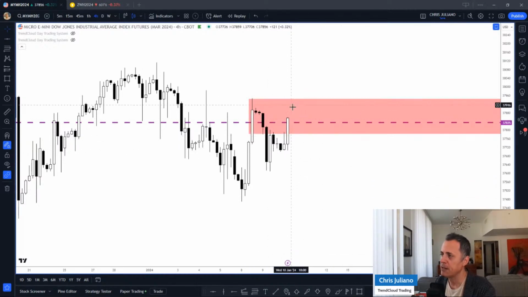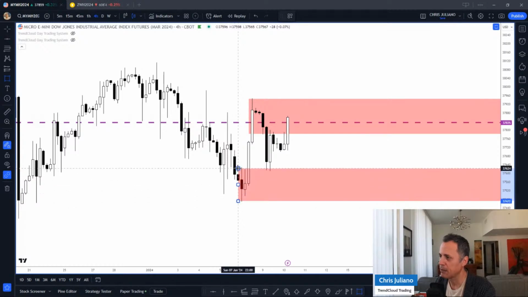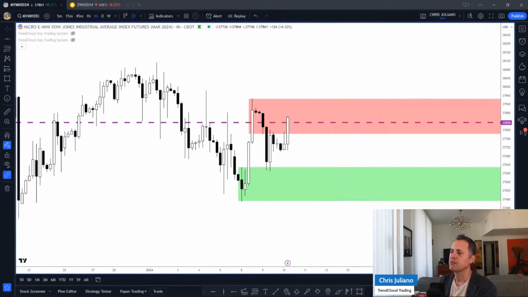So we're in a supply zone. What did this thing do? It made a rally base drop that went all the way down to a drop base rally right here. Those are 2 really wide zones.